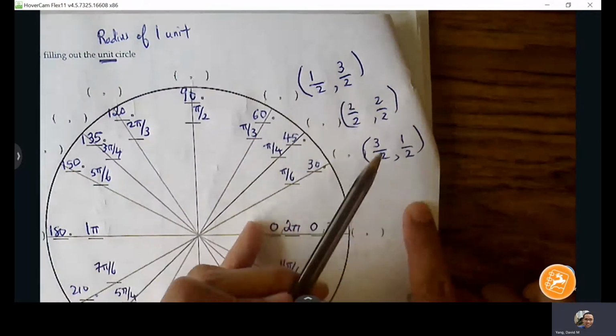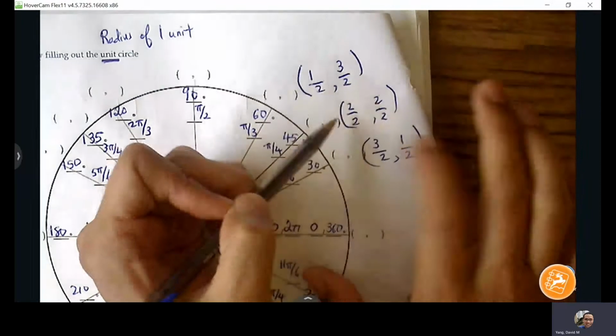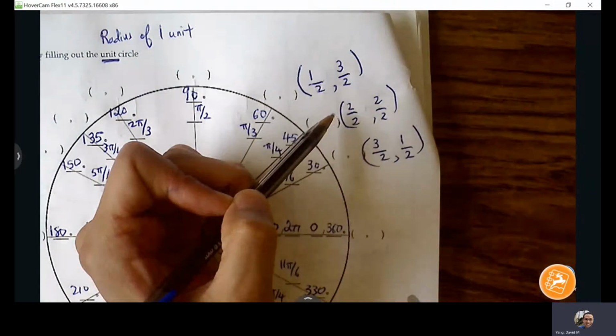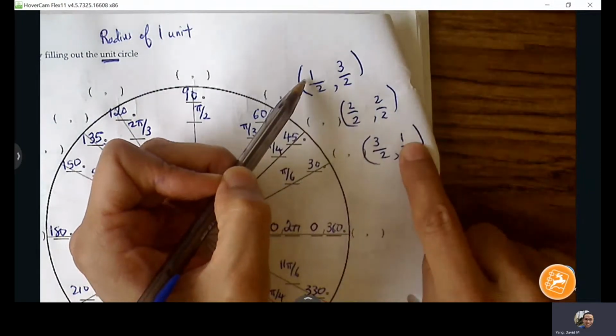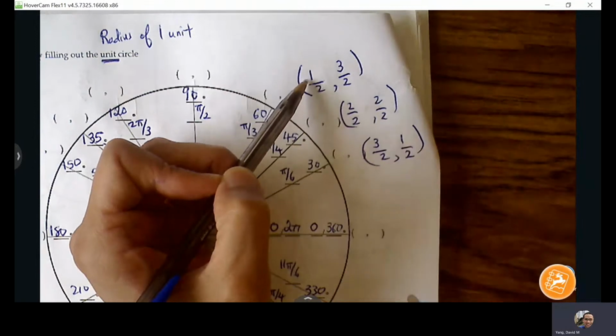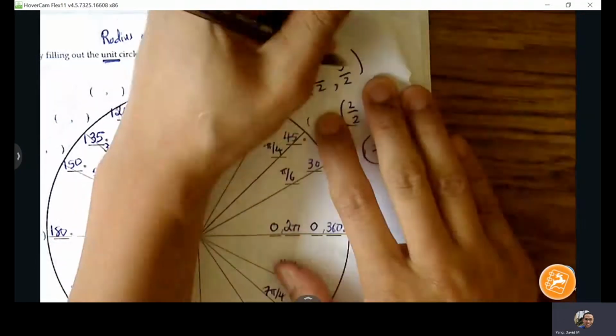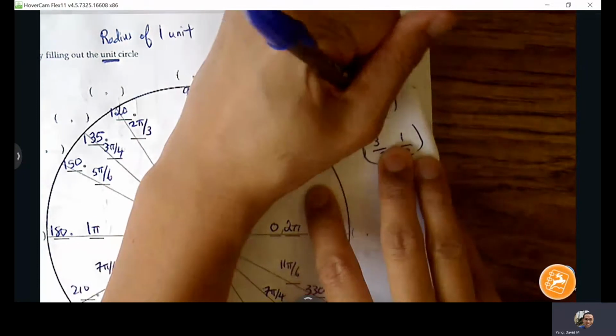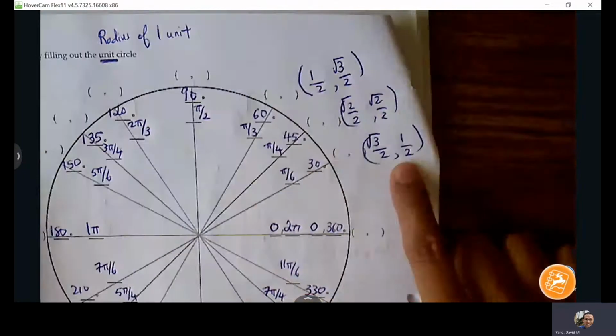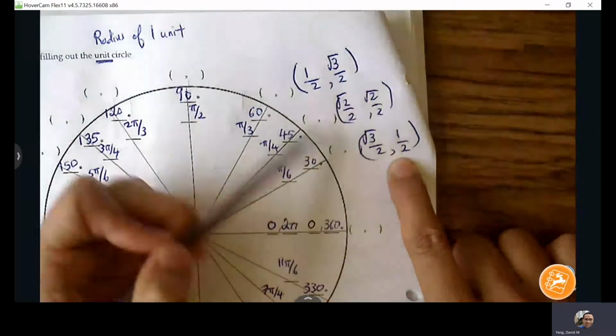We can just memorize this and fill it in. Now, all the numerators have a radical, but what's the square root of 1? Just 1. So we're not going to put a radical above 1. We're just going to put a radical above all the other numerators. So root 3, root 2, root 2, root 3. Okay, easy enough, right?